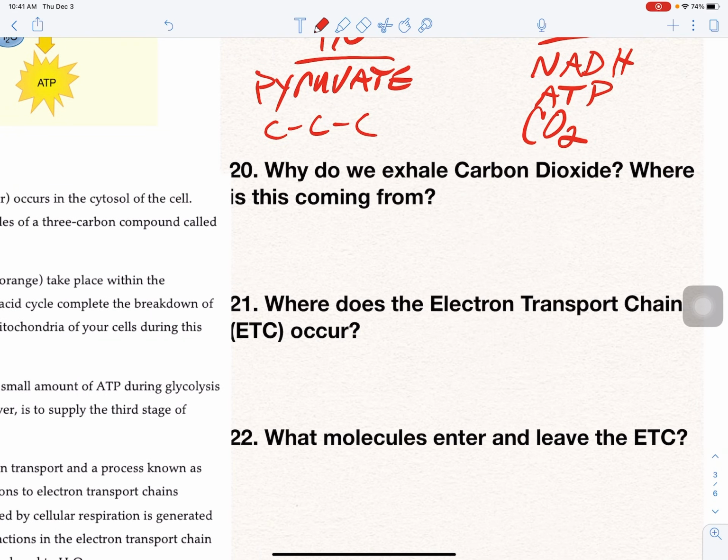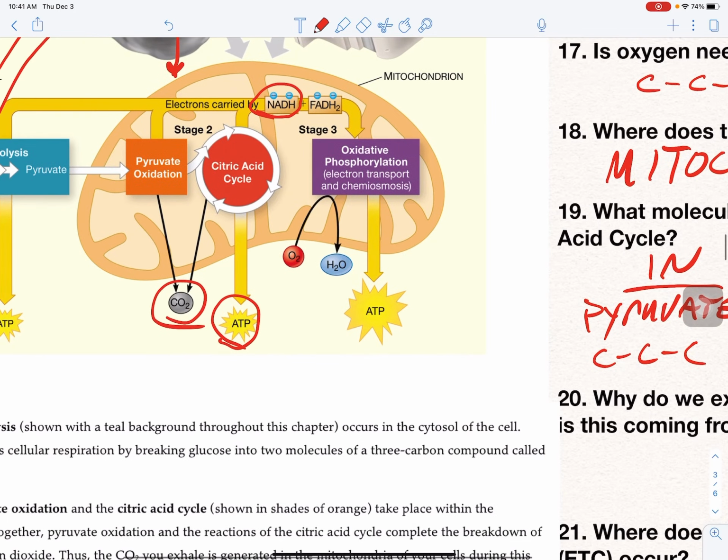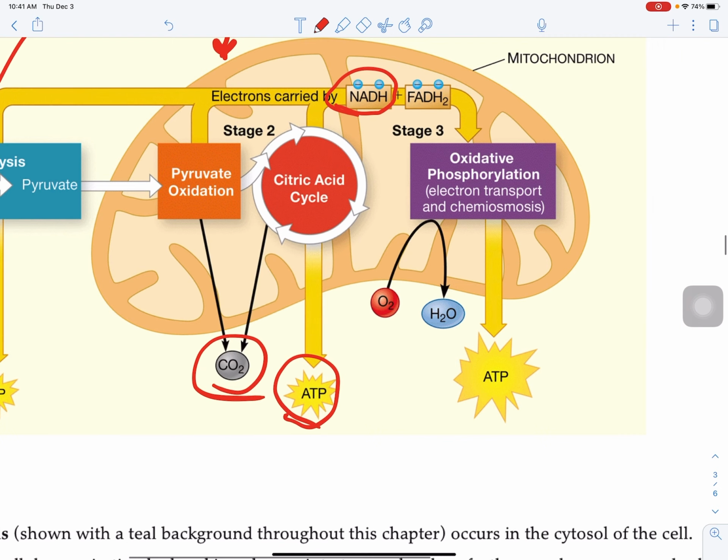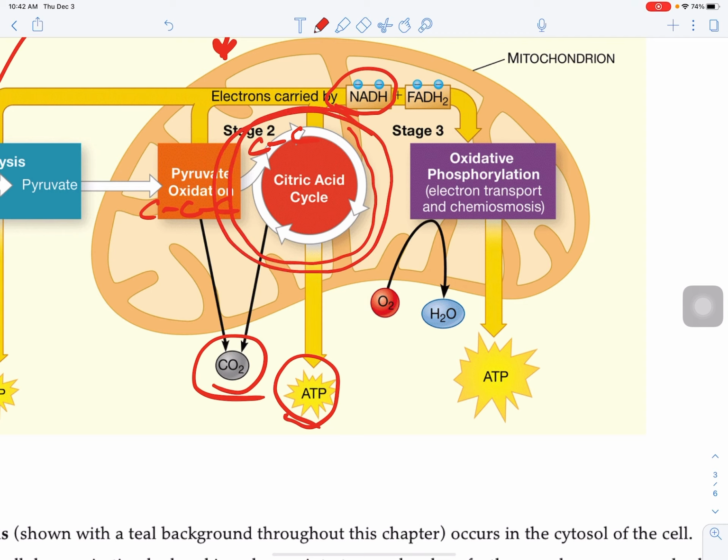Why do we exhale carbon dioxide? There's carbon dioxide. Well, pyruvate is 3 carbons, and what enters here is 2 carbons. So we're going to get rid of a carbon. Also, this is a cycle, just keeps going round and round.